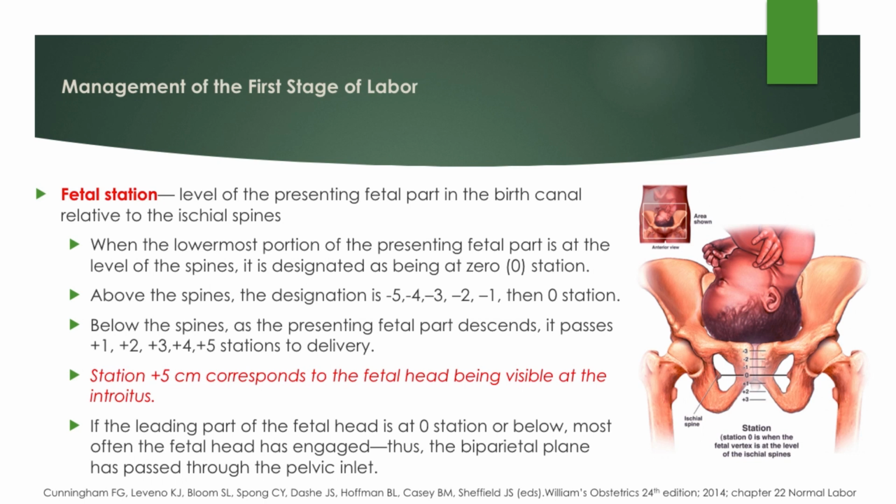Okay? So anything above the level of the ischial spines is -5 to -1. And anything below the level of the ischial spines is labeled as +1 to +5. Okay, so +5 will correspond to the fetal head being visible in the introitus.